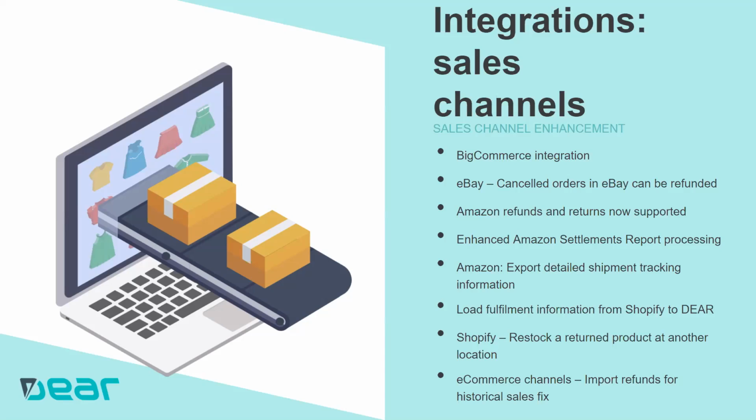What this option does is allow Dia to download information from Shopify with the order fulfillment details. So if you're fulfilling orders out of Shopify, we'll be able to pick up whether it's been picked, packed, and shipped, and vice versa. We'll be able to pull in all that information and apply it in Dia.